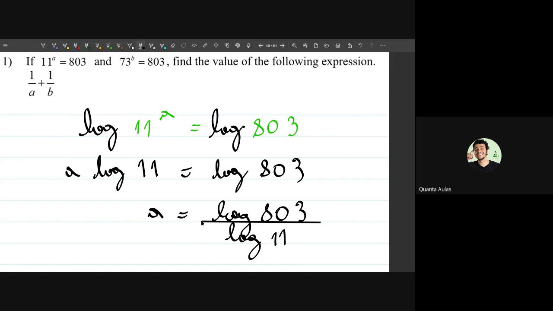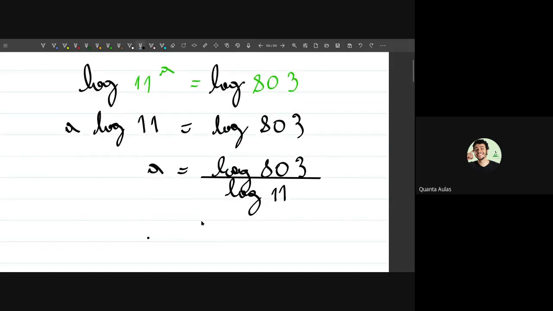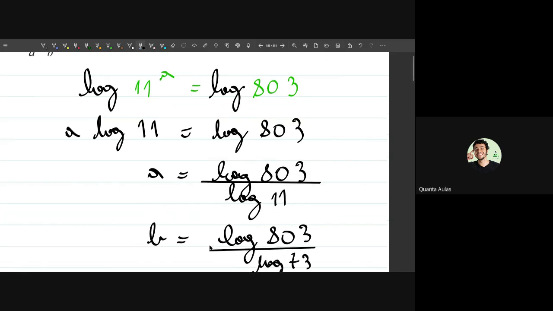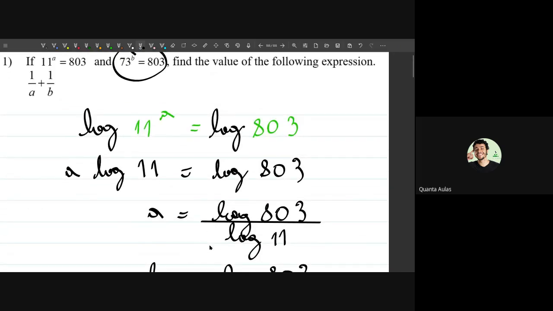But we need to do all the steps. So in that moment, we have A. We can use the same idea to get the value of B. So we are smart. Just write it using the same idea, okay? Because it's the same thing. Just change the numbers, right?